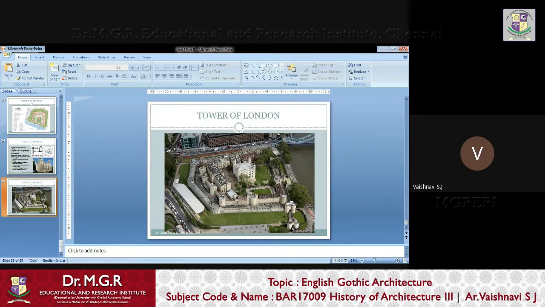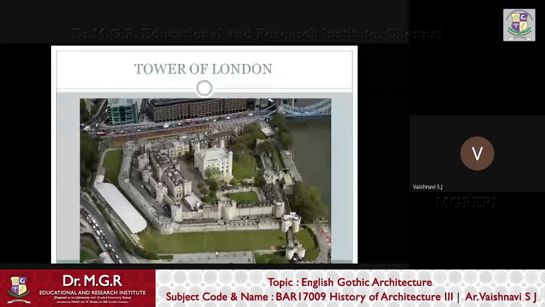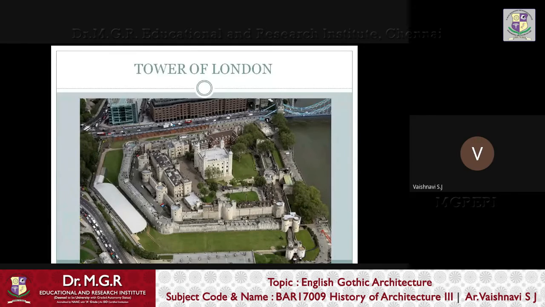So that is called moat. And when you see the present situation, the moat has been transformed into a portion which has been landscaped. This is the moat during the ancient period. Now it's been transformed into a landscape area.